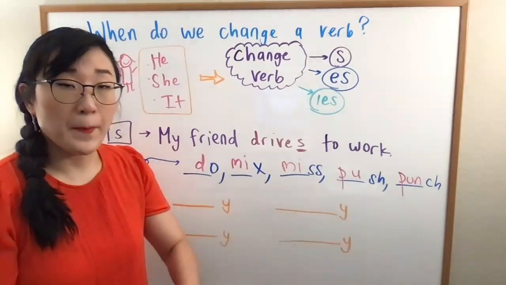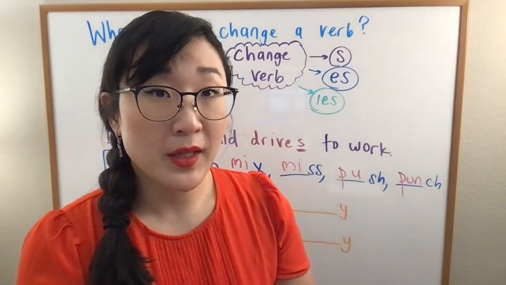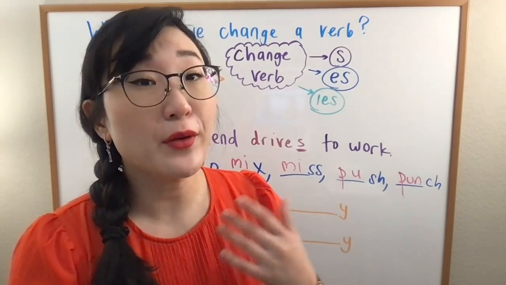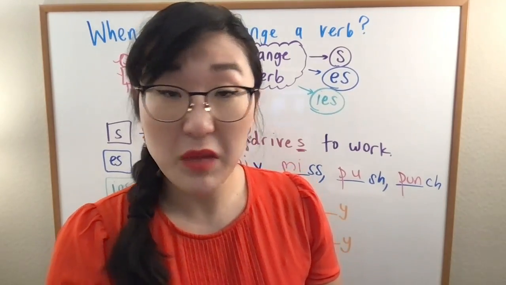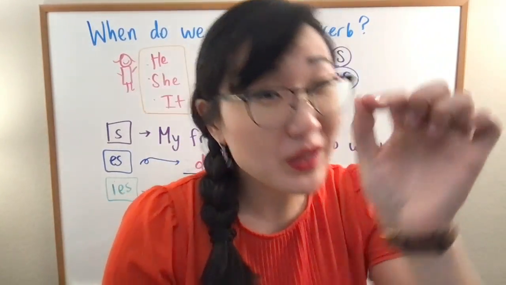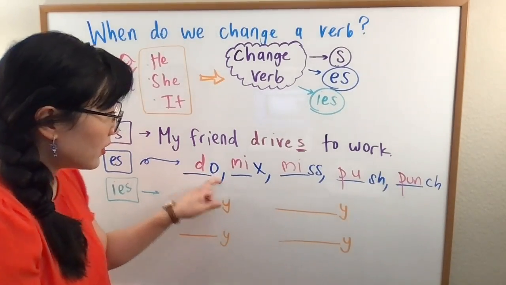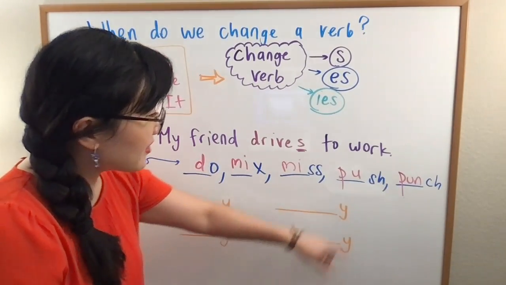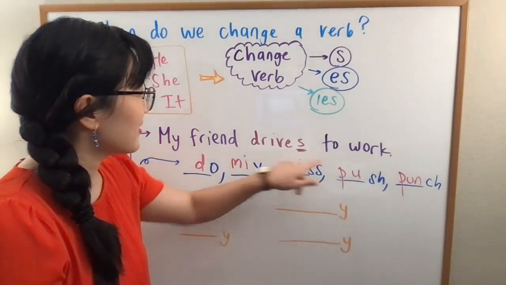What are my 5 different vowels? In English, every word you use has a vowel. Every word. If it's small, if it's long, they have vowels. This is a vowel, O. This is a vowel, I. This is a vowel, U. This is a vowel, O. See these?